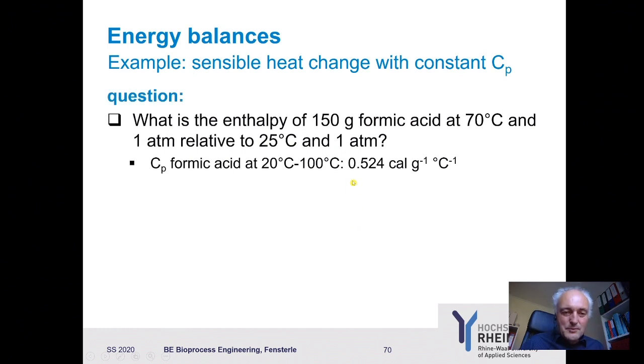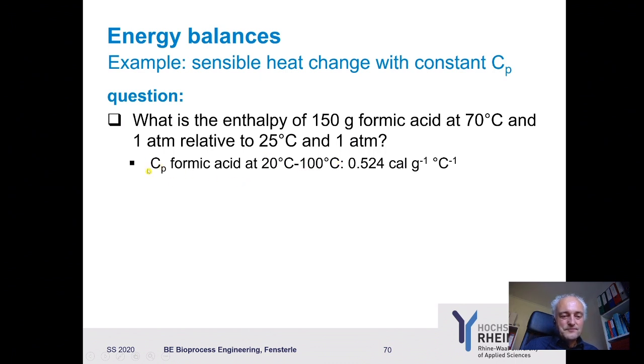This is a very simple example. I don't want to do the calculation now here because I want to come up with a homework, and this is, as you know, what you have already made. So what is the enthalpy of 150 grams formic acid at 70 degrees and 1 atmosphere relative to 25 degrees and 1 atmosphere?